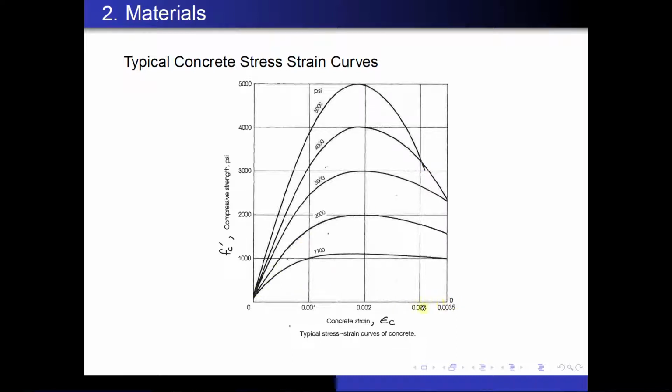These are relatively small strains compared to what we're going to see for steel on the following slide. Remember though, this value here is about 0.003, and when we look at the next slide, we'll see how dramatically more ductile steel is than concrete.